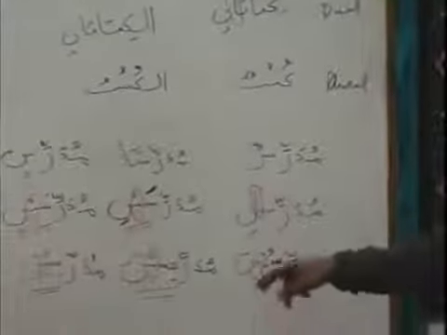Now make it dual. Sadikani. And then Sadikaini. Then again Sadikaini. And then from Sadiqatun you make dual. Sadiqatani. And then Sadiqataini. Sadiqataini. And then Sadiquna, Sadiqina, Sadiqina. The rest we'll do next time.